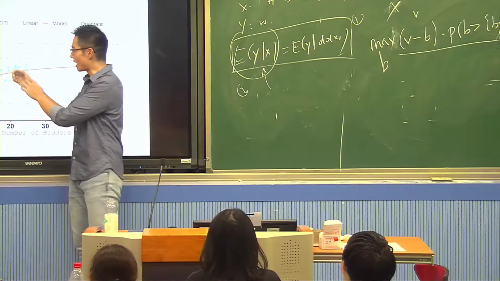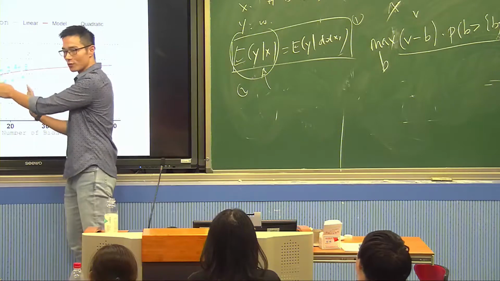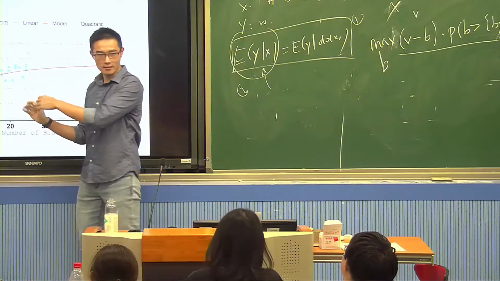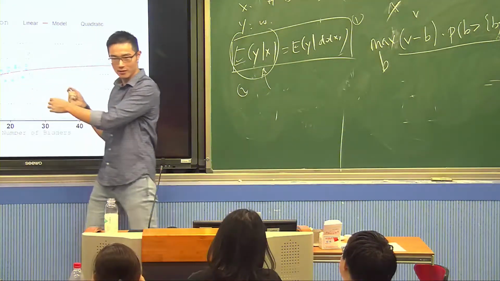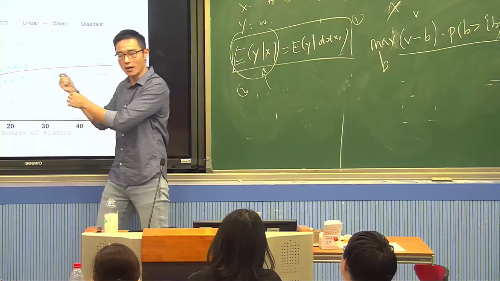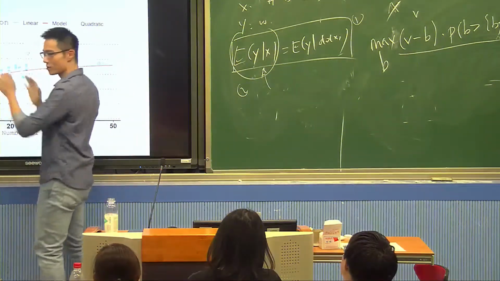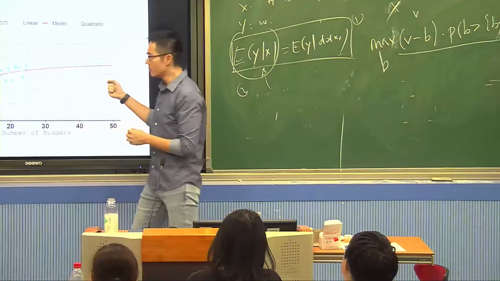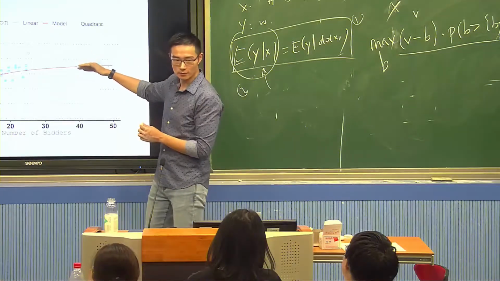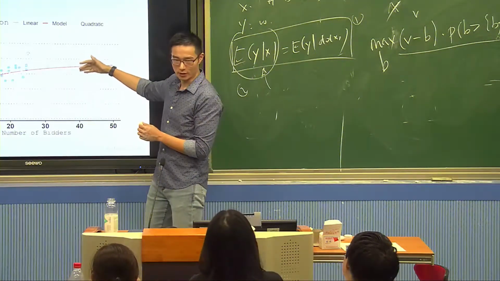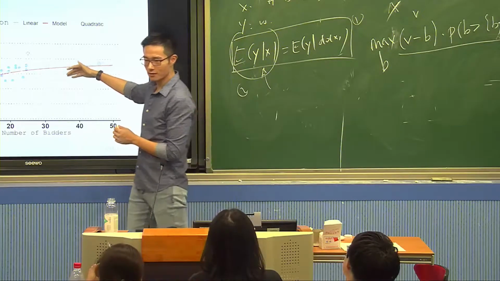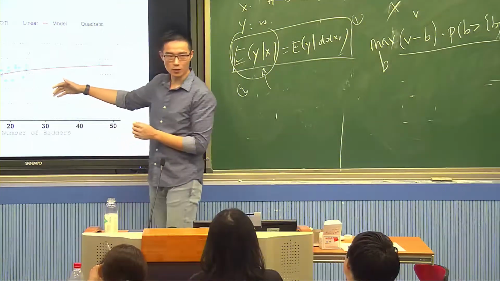But once you go outside your observed range, which in statistical terms is called extrapolation or generalization, if you want to go outside your existing range of data, then you need a model to give you a good prediction. The statistical model probably doesn't work very well in that case.